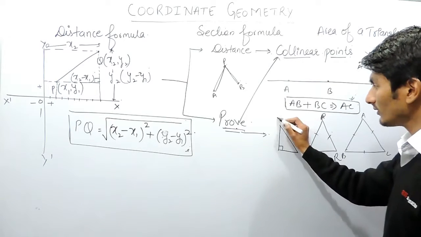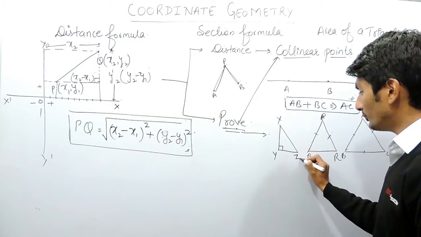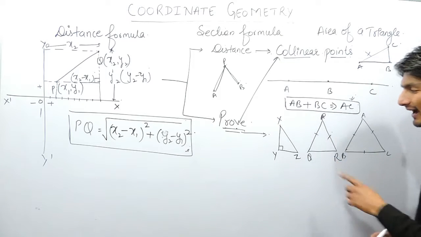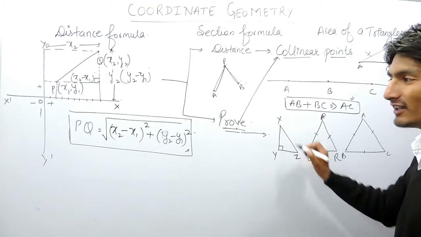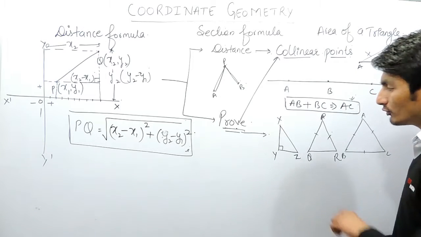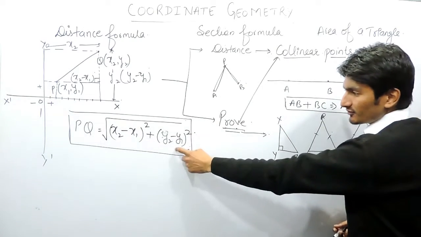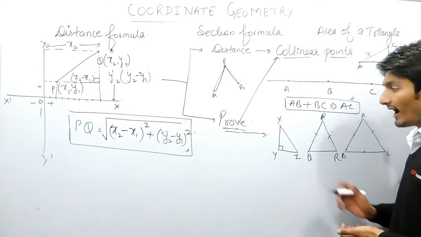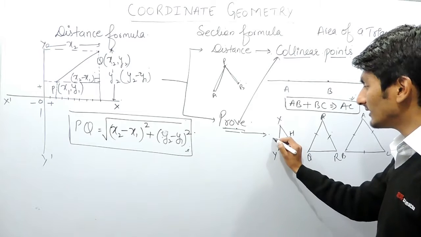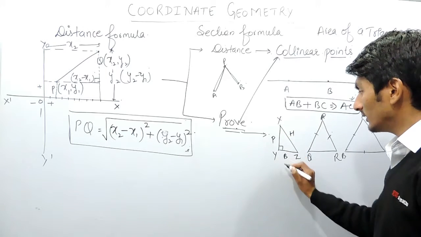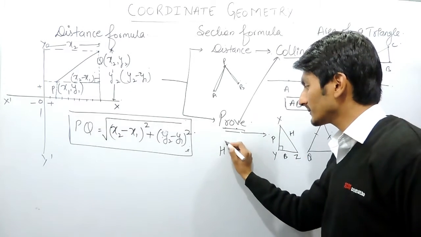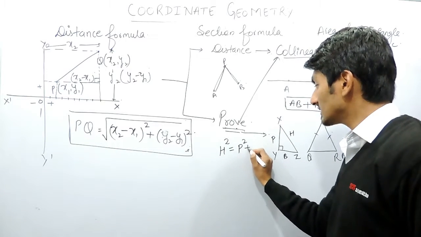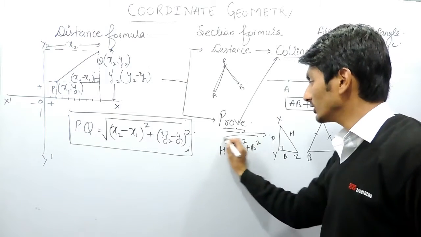And if you want to prove that XYZ is a right angle triangle, then you have to prove the Pythagoras theorem. Again, you have to use this distance formula to find the distance of each side, and you have to prove that the square of the hypotenuse must be equal to the sum of squares of the other two sides.